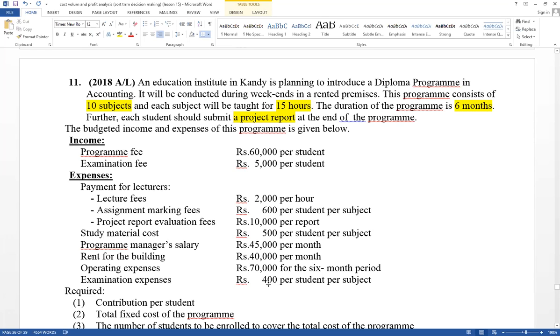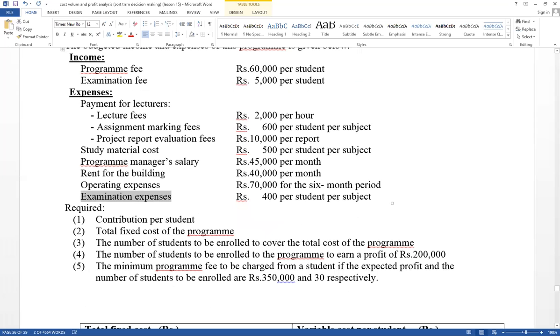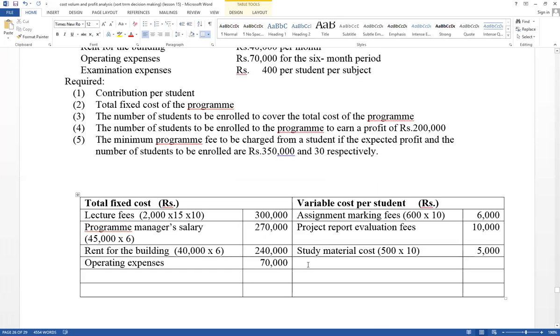Therefore, 400 into 10. Examination expense is a variable cost that varies with the number of students. The value 400 is given per subject, there are 10 subjects, therefore the value equals 4,000.